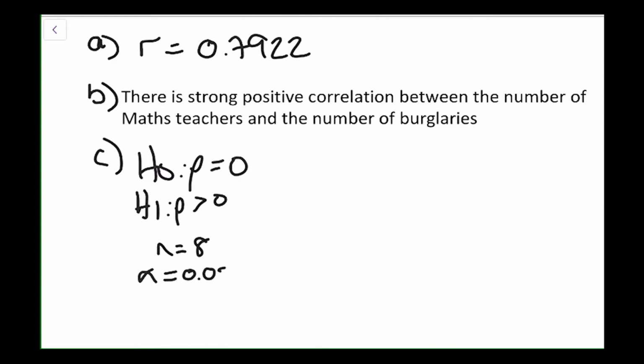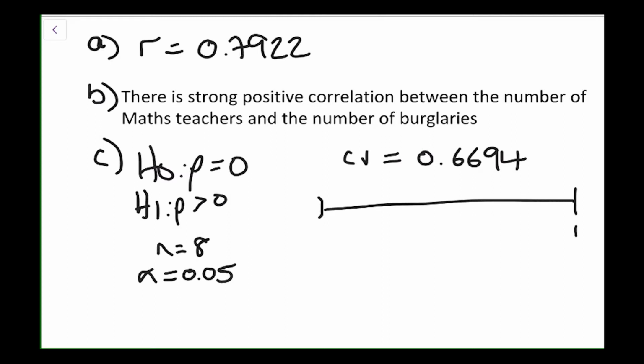That's enough for us to calculate our critical value. We're going to the tables. So reading across for 5% and down to n equals 8, we get a critical value of 0.6694, if our calculated correlation coefficient is stronger than this. So let's just see it on the diagram.